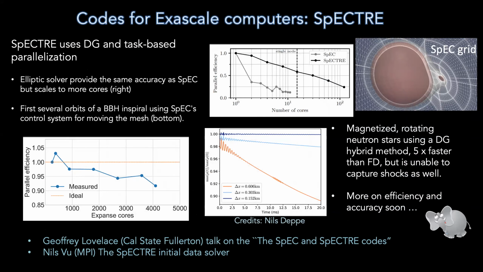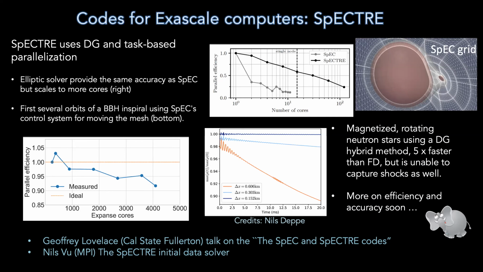For codes for exascale computers, we'll first mention SpECTRE. SpECTRE uses discontinuous Galerkin methods and task-based parallelization. Here, there are some figures that were provided to me by Nils Deppe for my APS presentation. I don't know if they are the latest update, but they are certainly already fairly impressive.